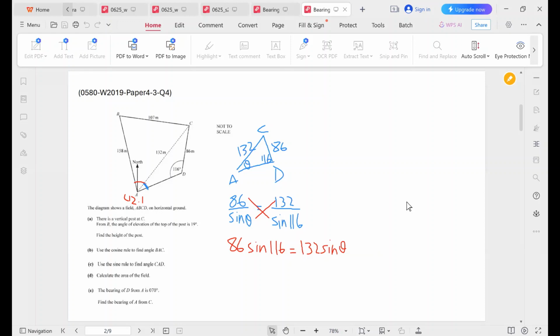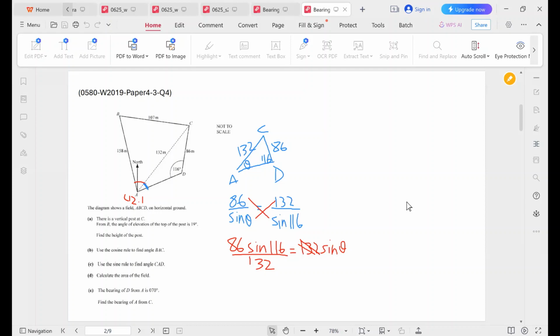So you divide by 132 and you cross this out from here. So 86 sine 116 gives us 77, and then you divide this answer by 132. You get 0.585, whatever.